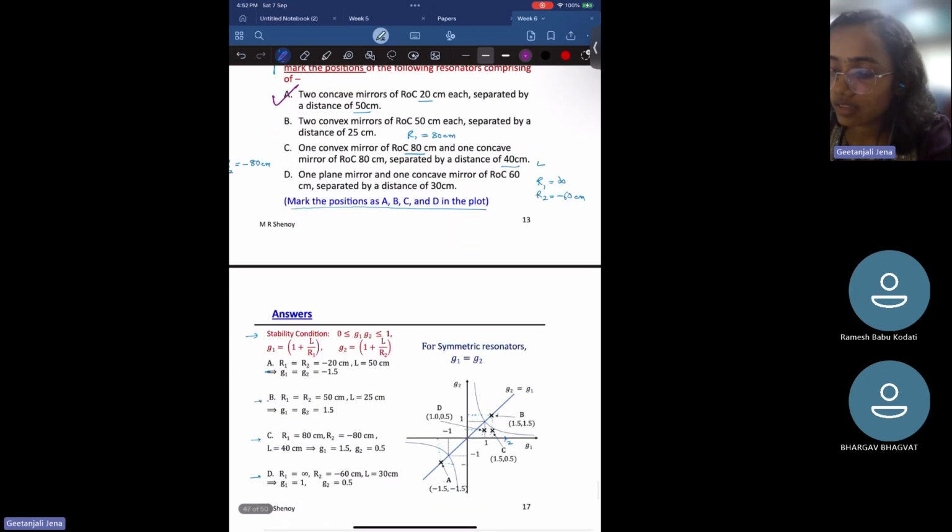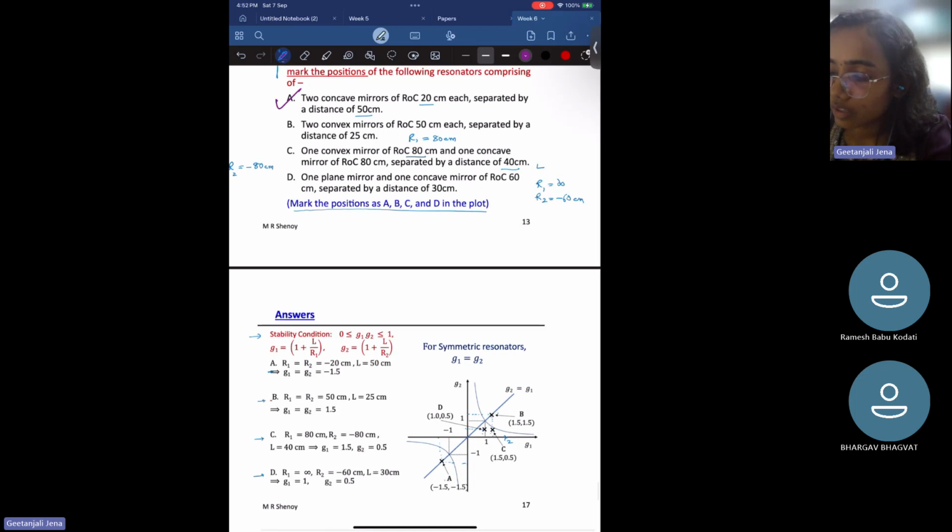So the first case is concave mirrors of R1 and R2 at 20 centimeter. As it is a concave mirror, R1 and R2 is minus 20 centimeters. So please remember the sign convention before solving the problem. For concave mirror, R1 and R2 is negative, so it is minus 20 centimeter. And L is given, it is 50 centimeter. So the value of G1 and G2 that we will get is minus 1.5.